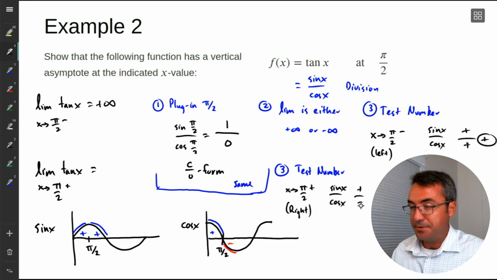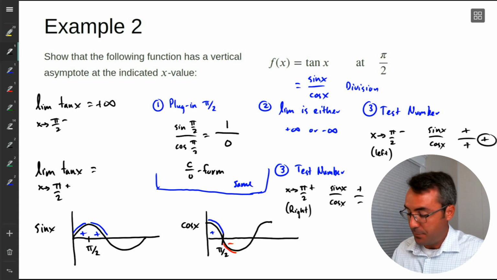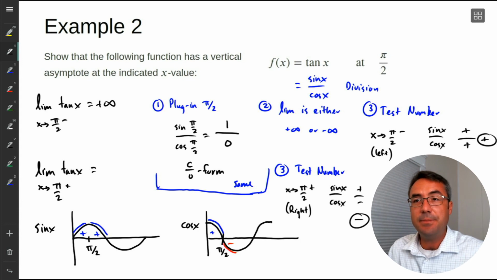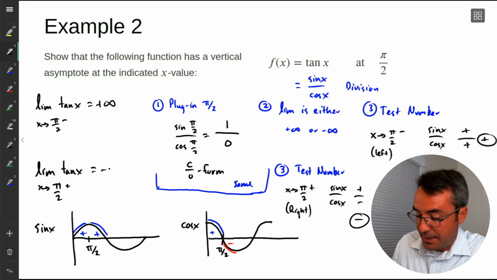So when we have a positive divided by a negative, an odd number of negatives here, the result is negative. And so what that means is there's only two choices. The limit, because it's the c over 0 form, is either going to be positive infinity or minus infinity, and we just identified that our function values are negative. So on the right side, the limit of tangent is minus infinity.